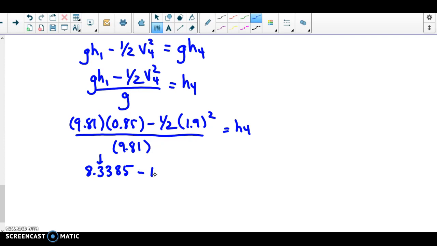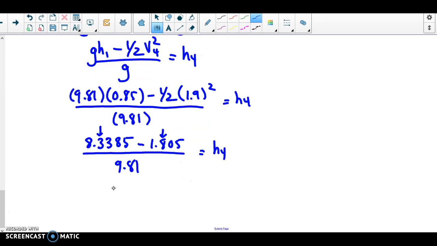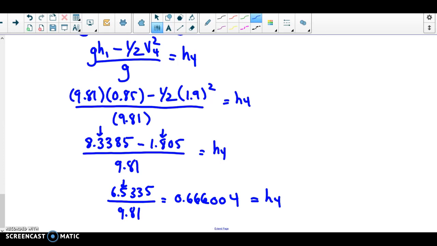Subtract the second term, which is equal to 1.805. And again, I'm only dealing with 2 significant figures, divided by 9.81. The numerator simplifies to 6.5335, 2 significant figures again, which is actually just 0.666004 meters.